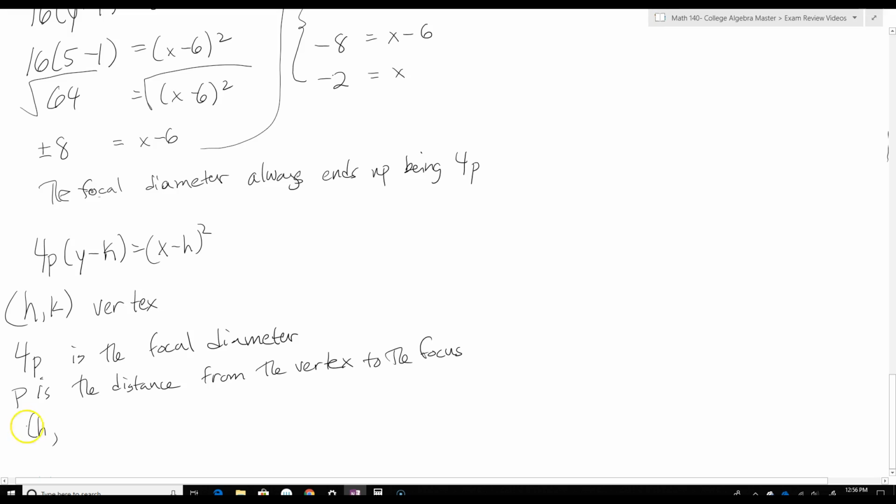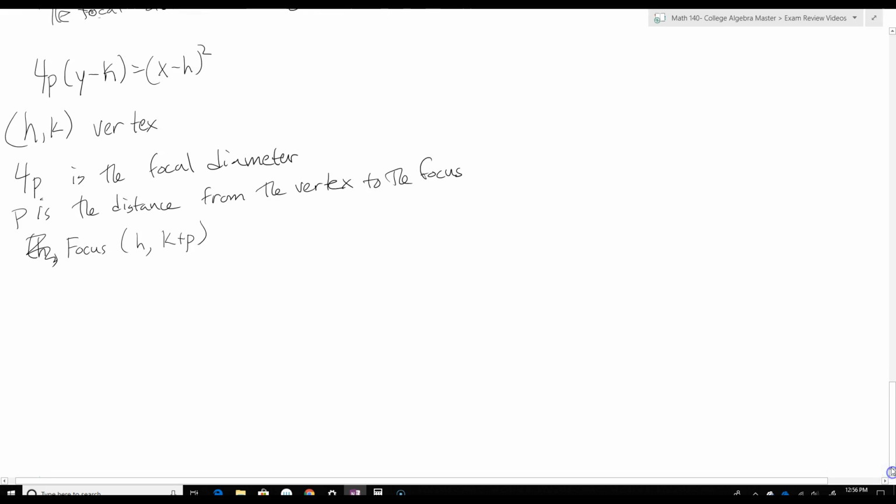All right? So here's my focus. It's going to have the same h value because it's going to have basically the same place on the x-axis, and then it'll end up being k plus p. So we add k plus p. In the case of the directrix, the directrix is going to be y equals k minus p because it's in the opposite direction.